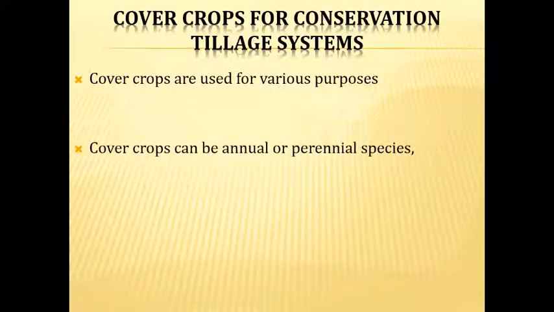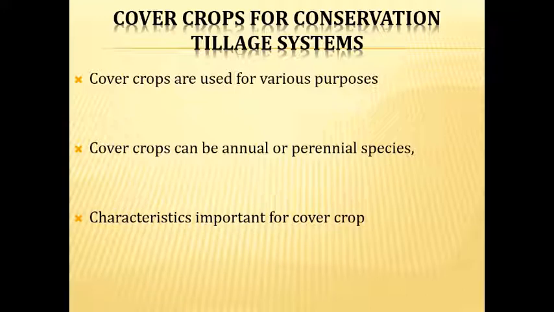Cover crops can be annuals or perennial species, including certain legumes, grasses, and non-leguminous dicots. Characteristics important for cover crop selection include life cycle, seeding date and rate, winter hardiness, nitrogen fixation or scavenging ability, feed or forage value, and establishment costs of them.